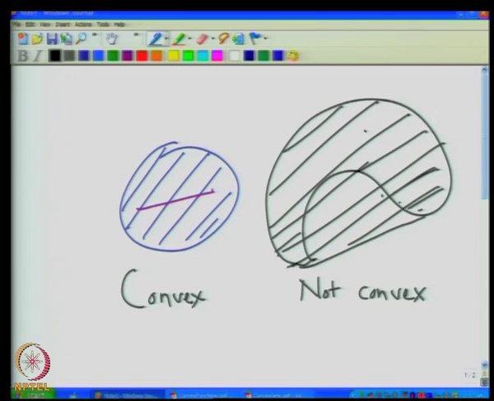Now, the new set which is formed becomes a convex set. So, the convex hull of a non-convex set is a convex set. In other words, the convex hull is the smallest convex set which contains the given set.